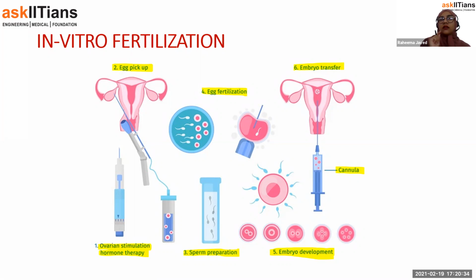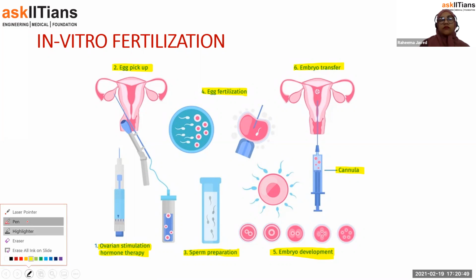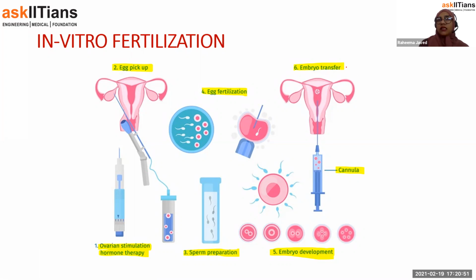And for the implantation, for embryo transfer, it can also be done in the same female, that is the mother, or in a different female, that is not the mother. Okay, so when it is taking place in a different female other than the mother, that process is known as surrogacy. Okay, and the female will be known as the surrogate mother.